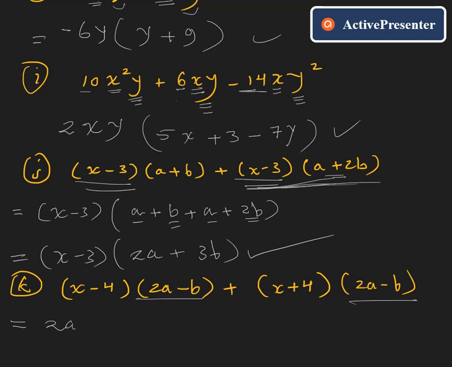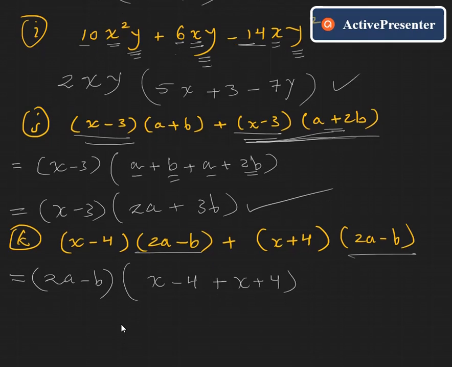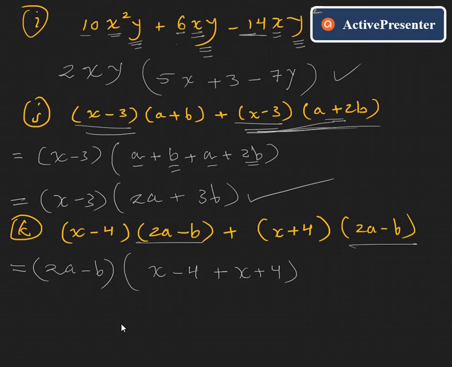So it should be 2a minus b multiplied in open parentheses. This will be left x minus 4, and this will be x plus 4. So your final answer should be equal to 2a minus b multiplied in here x plus x is 2x, and minus 4 plus 4 will eliminate each other, so multiplied in 2x, and you are done.